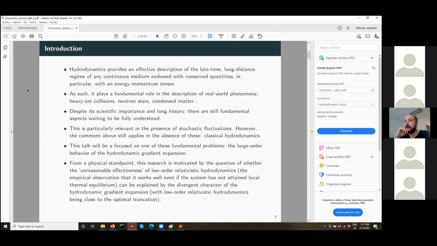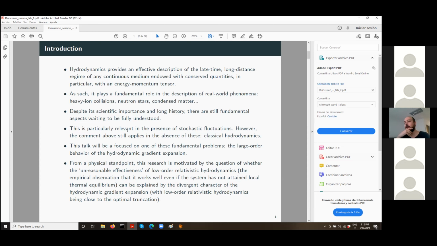And it's fair to say that despite the scientific importance of hydrodynamics and its long history, there are still fundamental aspects of it that are waiting to be fully understood. And this is the case when stochastic fluctuations are present in your system and you want to incorporate them into your hydrodynamic description.